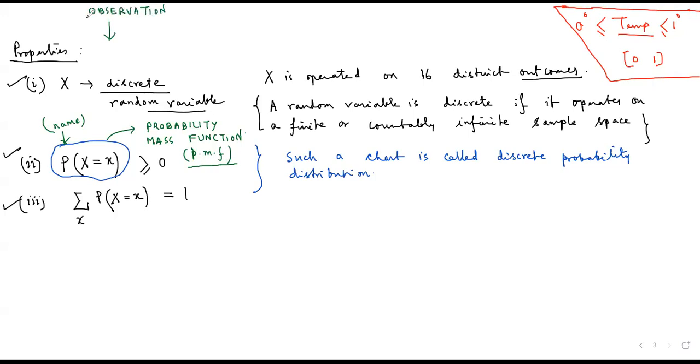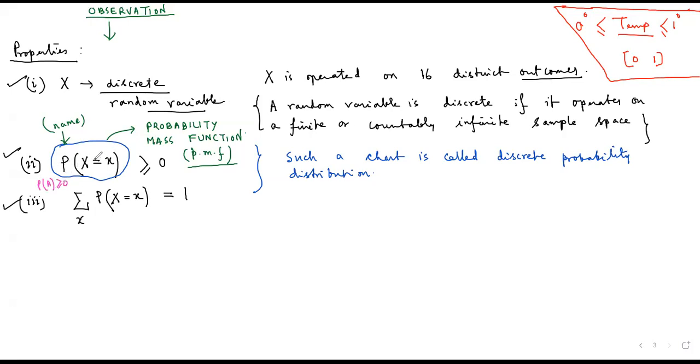My today's topic was to give you the idea about discrete random variable and probability mass function. These properties are very important, so keep this in mind. Now, what is the connection with the axiomatic approach I talked about in the first class? It is pretty obvious that in the axiomatic approach we wrote the probability of any event is greater than or equal to 0.